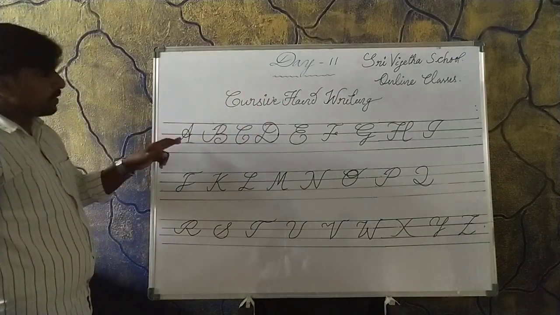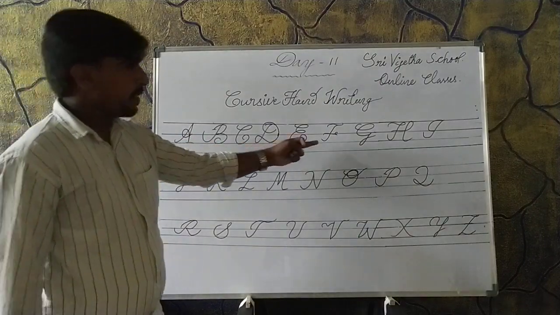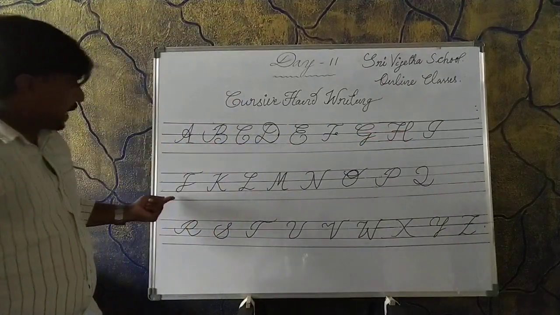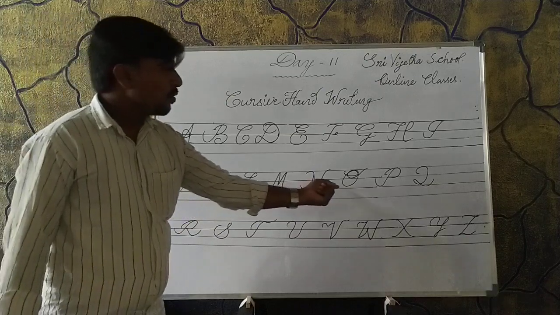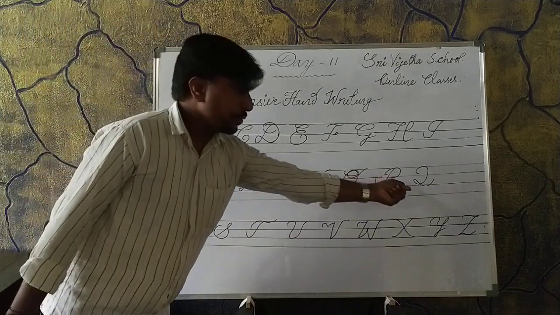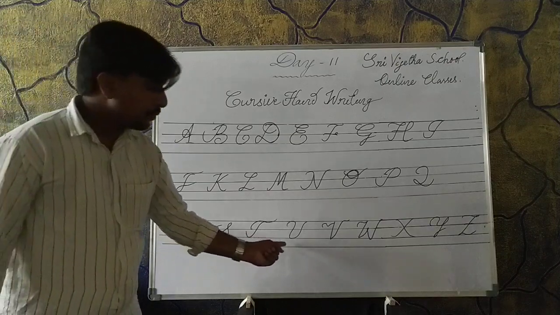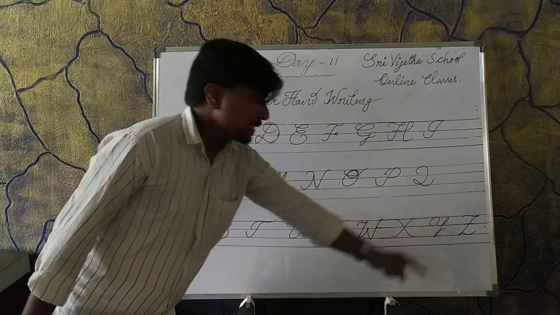So look at them: A, B, C, D, E, F, G, H, I, J, K, L, M, N, O, P, Q, R, S, T, U, V, W, X, Y, Z.